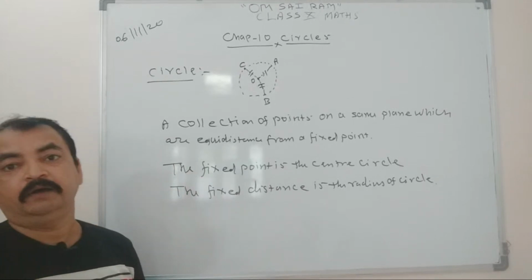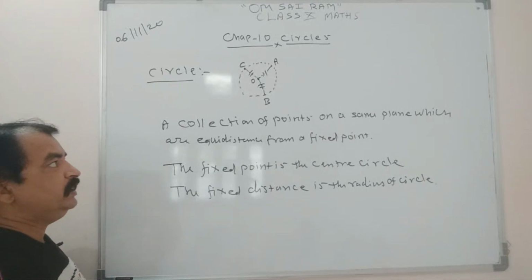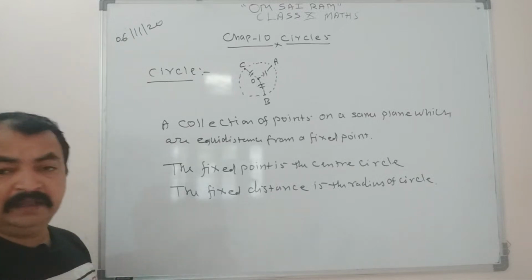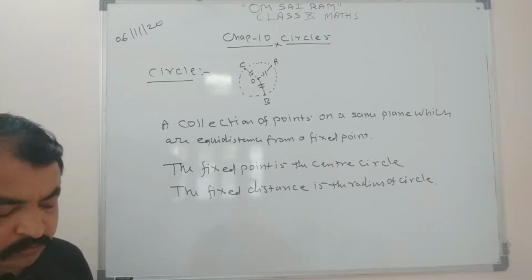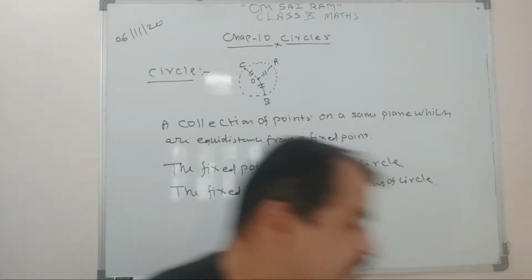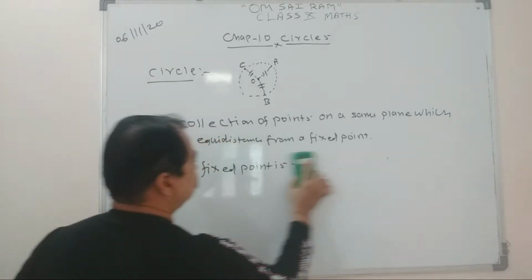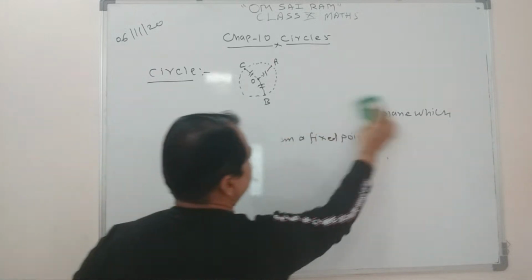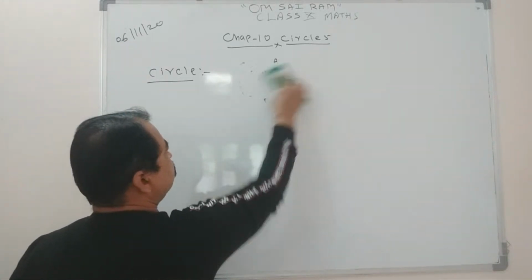These are the basic definitions we require, and I will show you the relation of the diameter and the radius, and a few more terms we require in our syllabus according to our NCERT textbook, children, right? So I'll just define for you circle, center, radius.